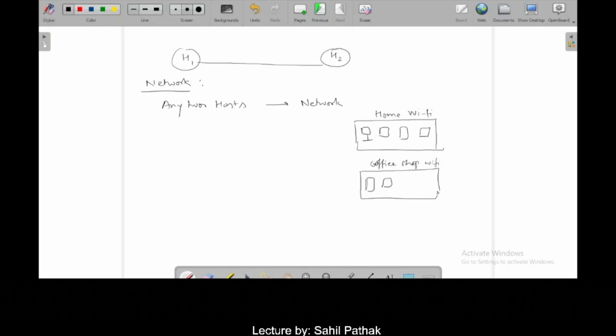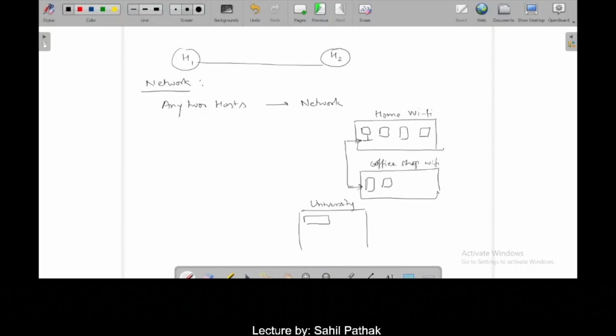Just because of the location difference, because this is at home and this is at some coffee shop at a distant place, these are divided into two different networks. Let's suppose there is one university. The university has its own network, and in the university we have different departments, as we discussed in the example of company XYZ.